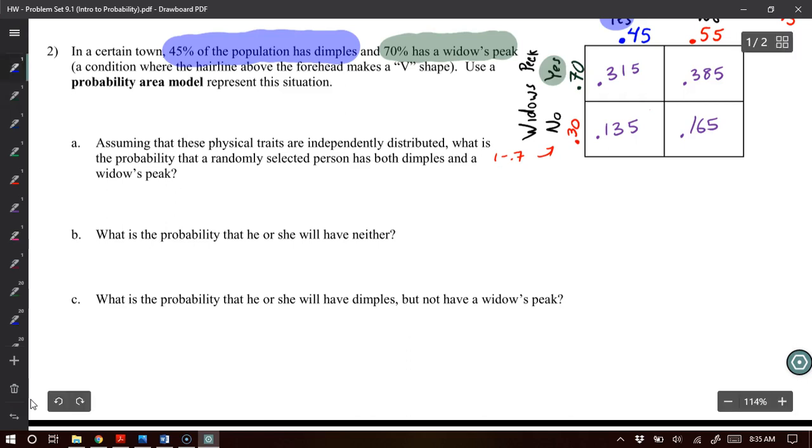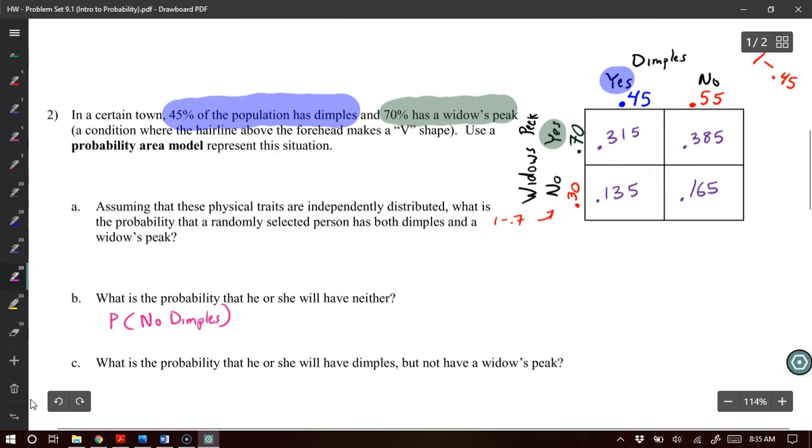Well, that means we want to find the probability of no dimples and no widow's peak.